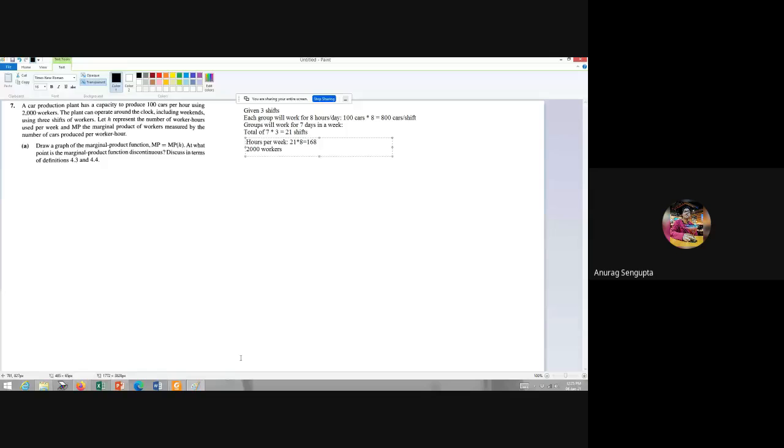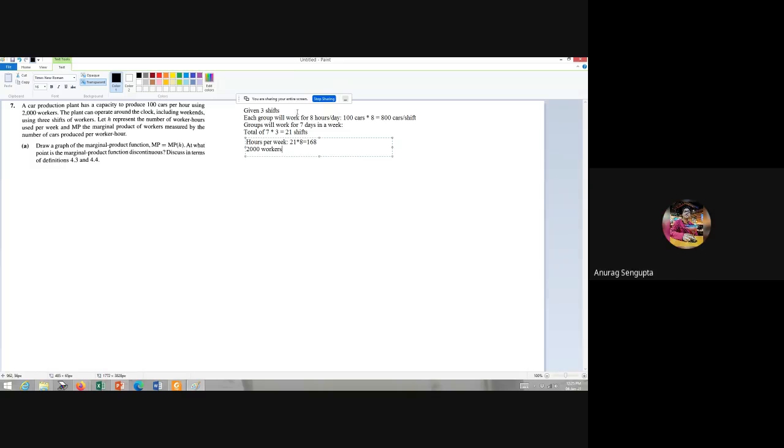Okay. In the very first line, each group will work for 8 hours a day. It is written 100 cars into 8 minus 800. Why the minus 800? Where is minus? 100 cars into 8 equals 800. Oh God, I'm so sorry.